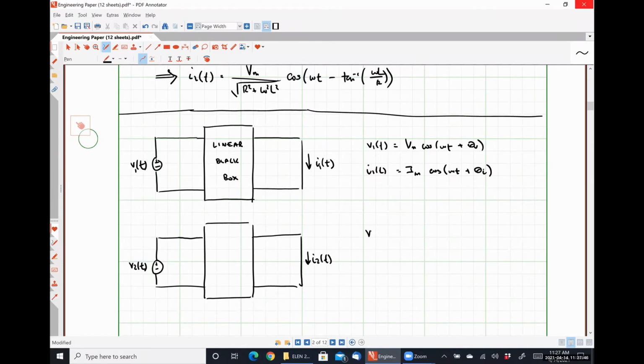Let's say that V2 of t is of the form Vm sine omega t plus theta v. What is our expectation for our response?